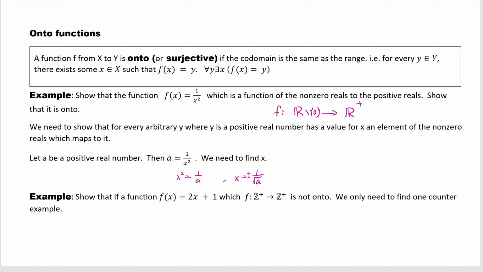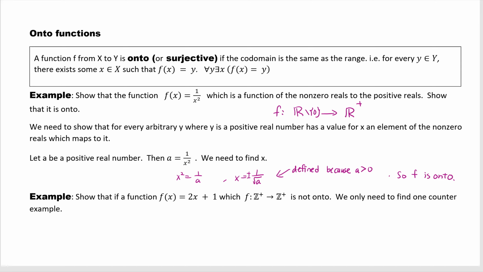So actually, we can find two x values that map to a. This is defined because a is positive, so the square root of a exists, and it's okay to have the square root of a in the denominator. So we have shown that for every positive real number a, we can find an x, actually two values of x, such that f of x equals a. So this f is onto.